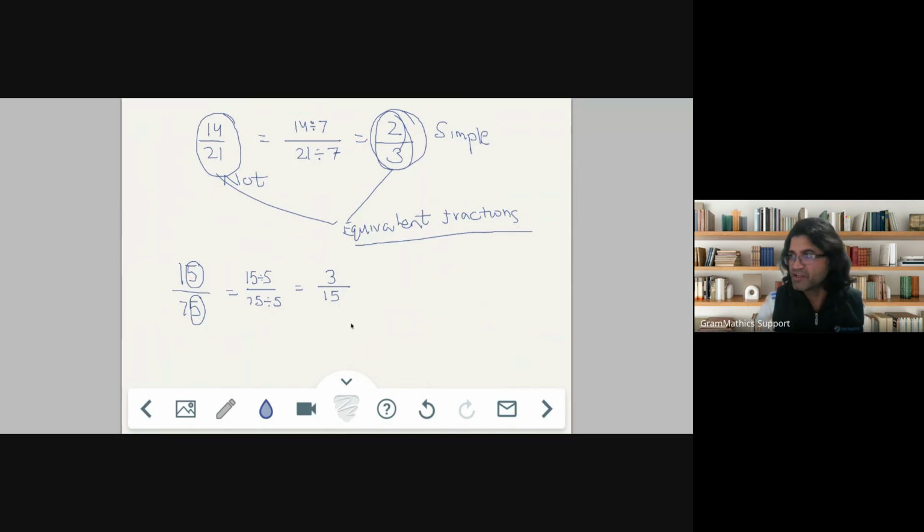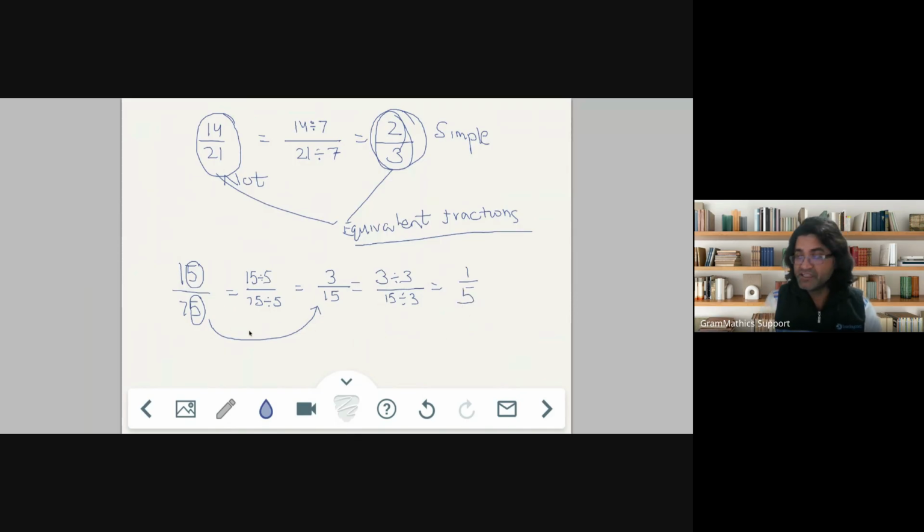Is it a simple fraction? We have simplified from here to here, but it is not a simple fraction, because both can still be divided by a common factor, which is 3. As long as they have a common factor, we simplify further, and now we get 1 over 5.